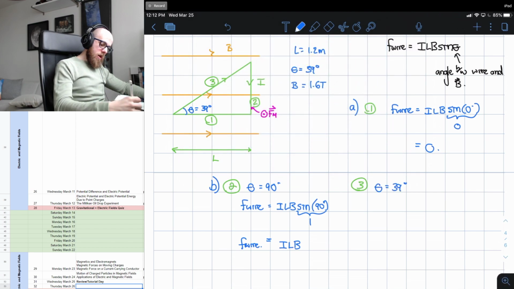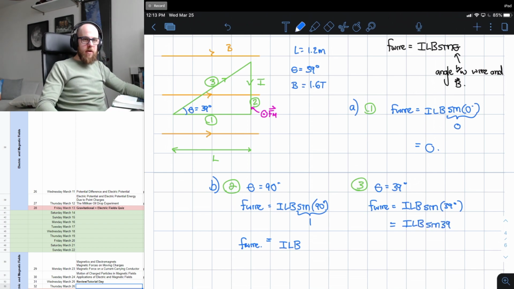So F wire equals ILB sine 39. Which we can't really do anything with, right? We just have to leave ILB sine 39.